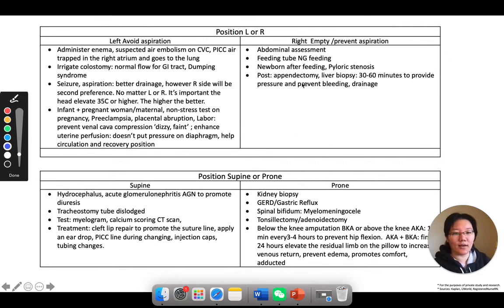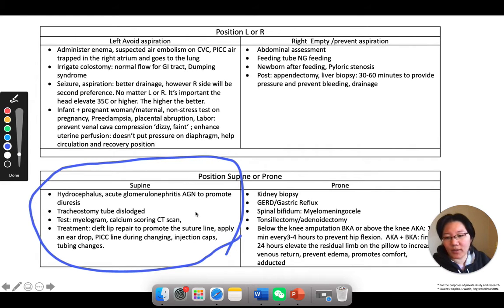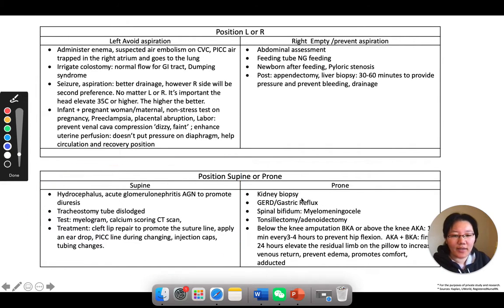Once you remember all this, then left is easy, because if the question doesn't involve the following conditions, then it must be on the left side. That's how I do the elimination. For supine, you can pick either of them. They look quite similar. So let's say I pick this one. I just remember this part, and for this side, if the question didn't pop up anything that relates to the following, then it must be in this position.